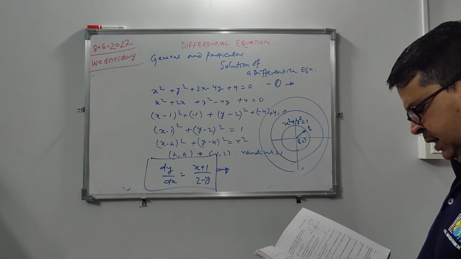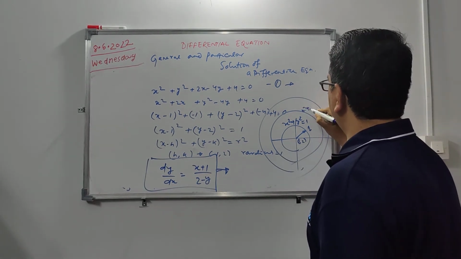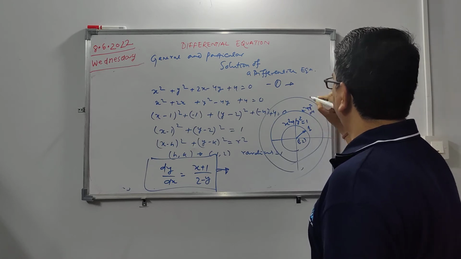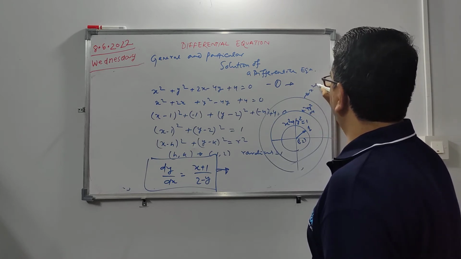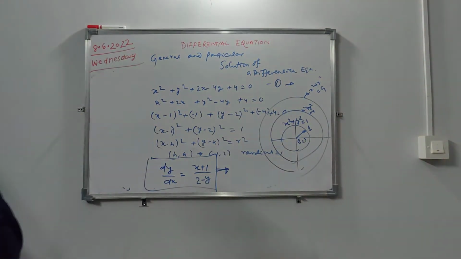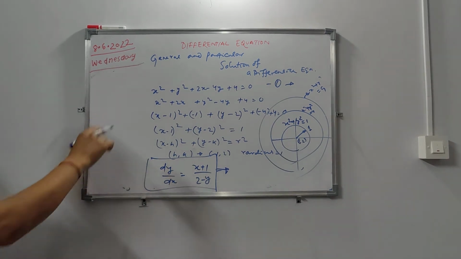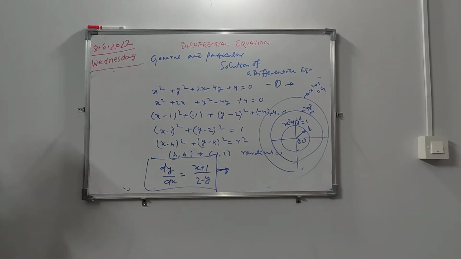Then we can have a circle with radius 2, x square plus y square is equal to 4, x square plus y square is equal to 9. So the differential equation represents a family of circles. They have the same center, but equation 1 is one circle.